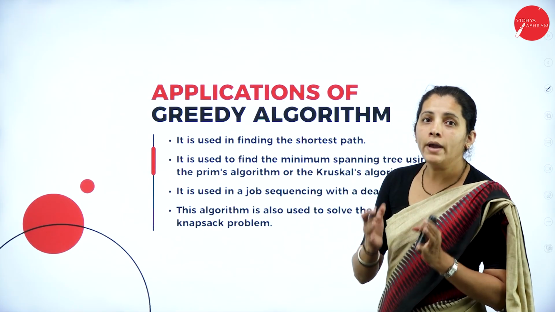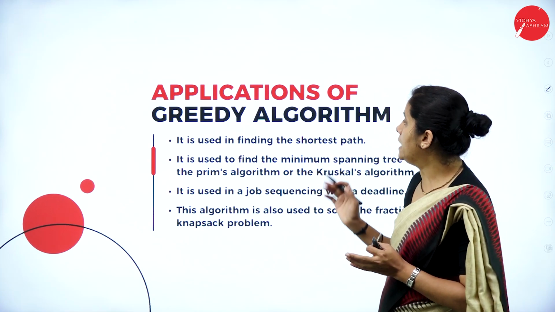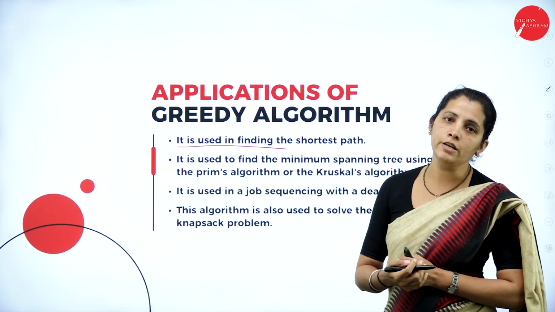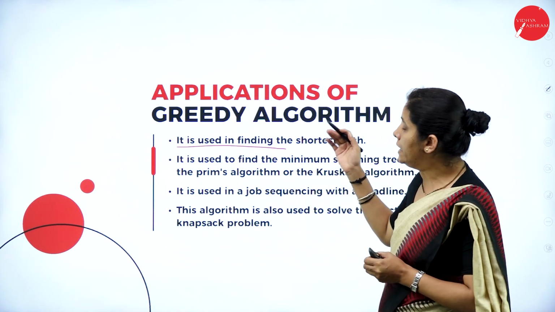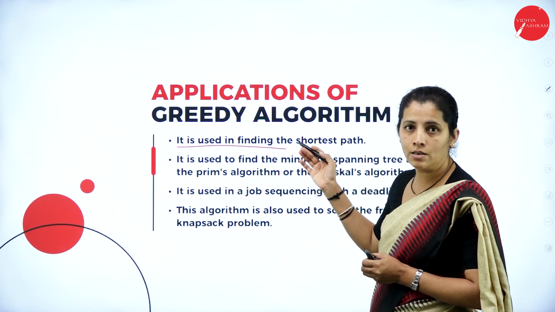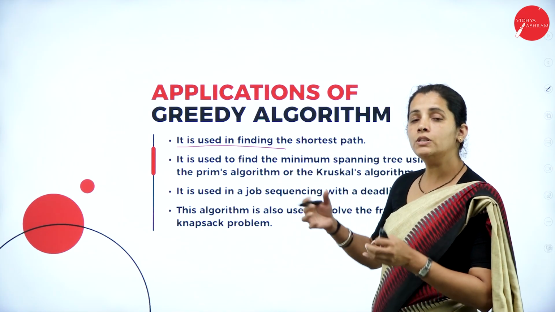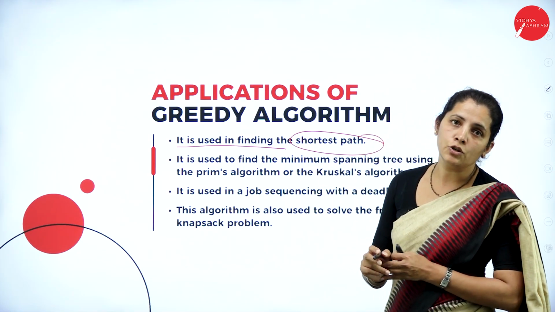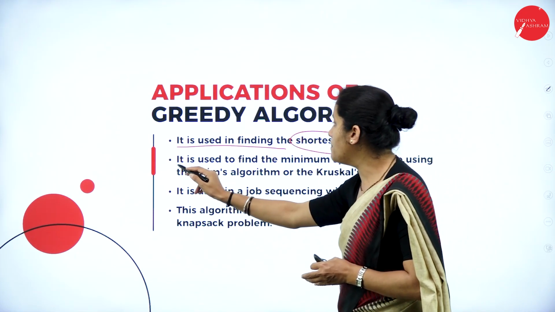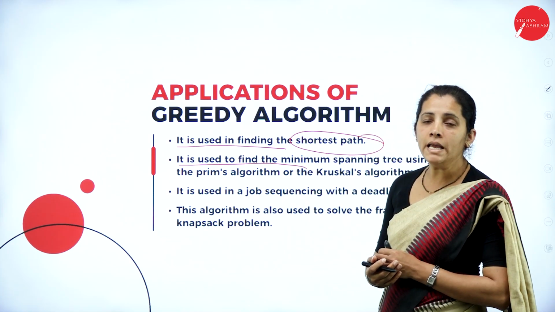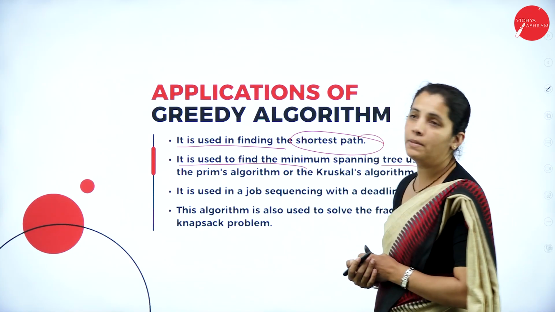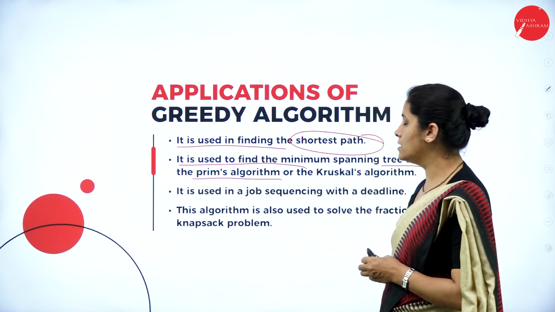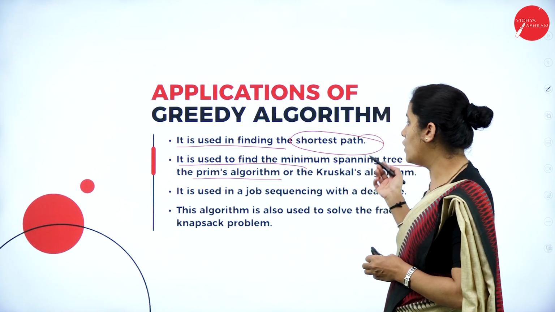Now, where can I use the greedy technique? The greedy technique is used to find the shortest path. Under the greedy technique, we have Kruskal's algorithm and Prim's algorithm. These are the algorithms used to find the shortest distance or shortest path. At the same time, they are used to find the minimum spanning tree, using Prim's algorithm or Kruskal's algorithm.